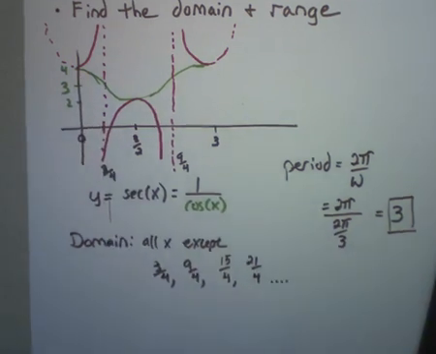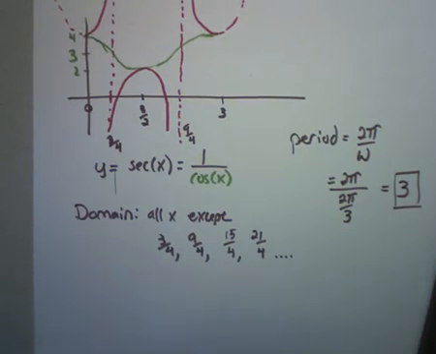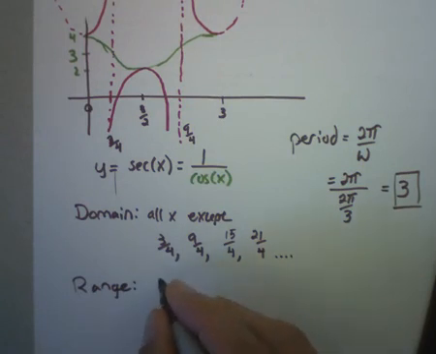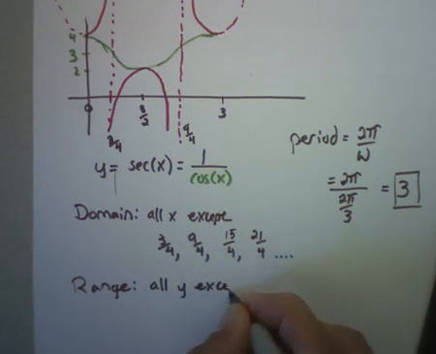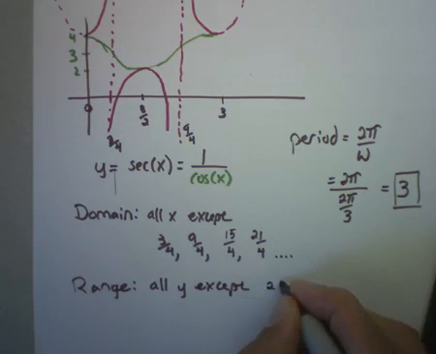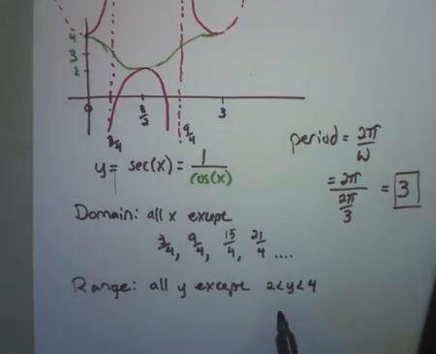So the range will be all y values except that space between 2 and 4. And notice when I'm saying except that, I'm leaving 2 as part of the range and 4 as part of the range. So it's everything except the space between 2 and 4. So you can write it that way.